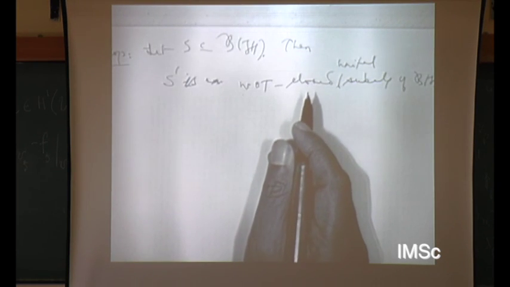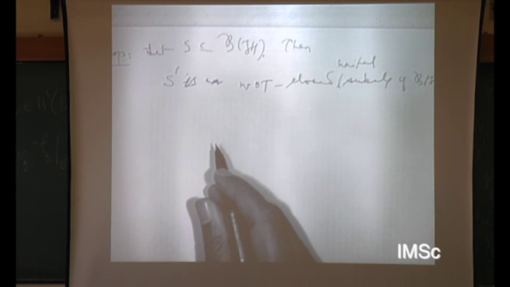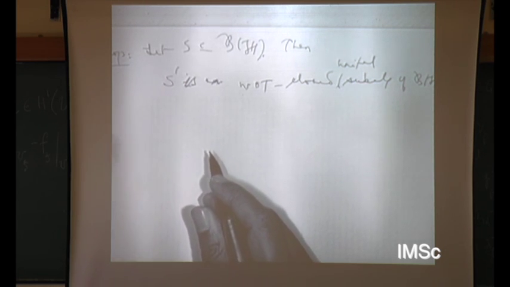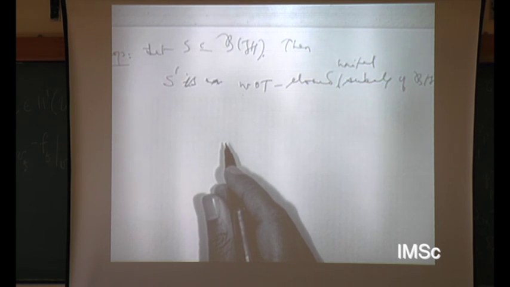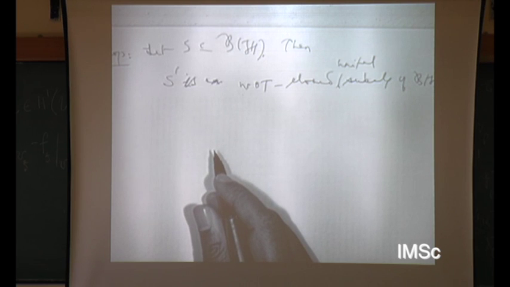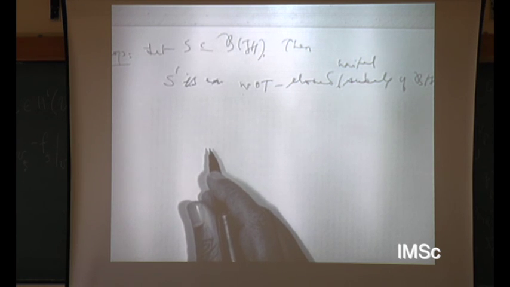Why is it SOT closed? If x_n prime converges to x prime in SOT, you want to say that x prime is also in S prime. So you take any x in S and try it against your x prime. x prime x of xi will be, by definition, the limit of x_n prime x of xi, which you can then commute, and then you can see that x prime must be in S prime.